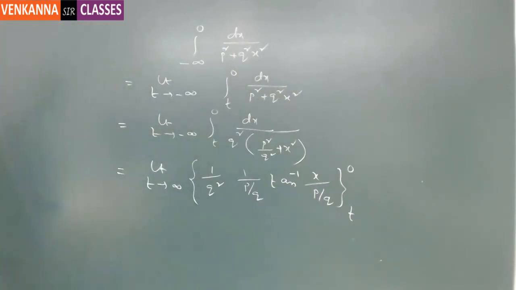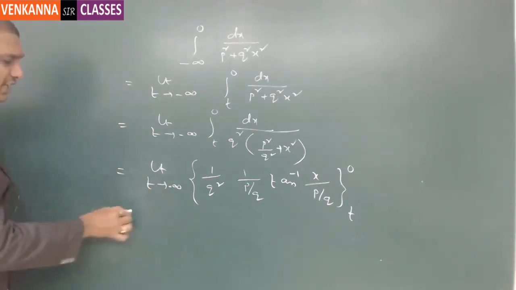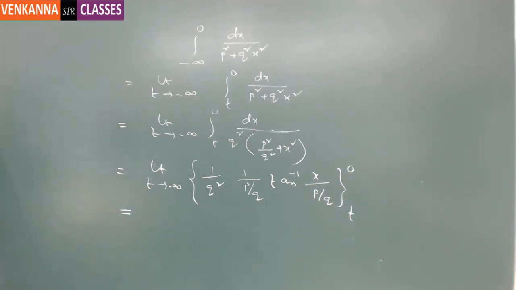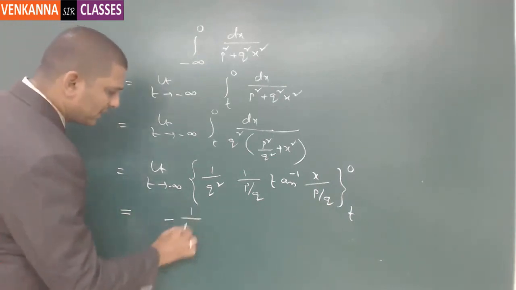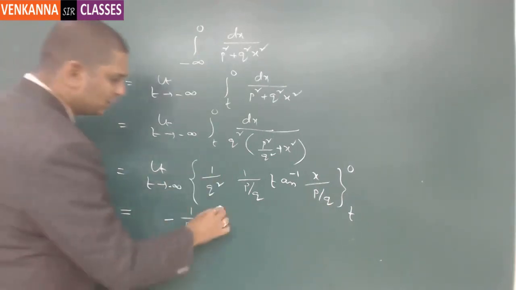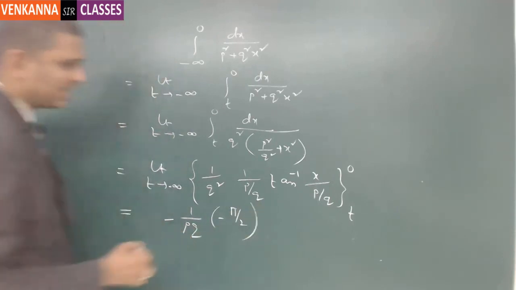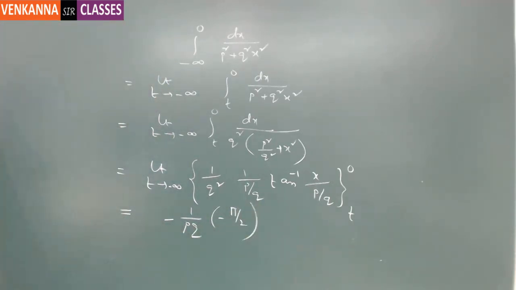Now in place of x, you are applying the upper limit 0 as well as the lower limit t, and t tends to minus infinity here. So you apply the limit part and tell me, and I will say that you are going to get the value as minus 1 by pq into minus pi by 2. You please check on that. So the upper limit value you are going to get as 0. For the lower limit you will get the value like that.